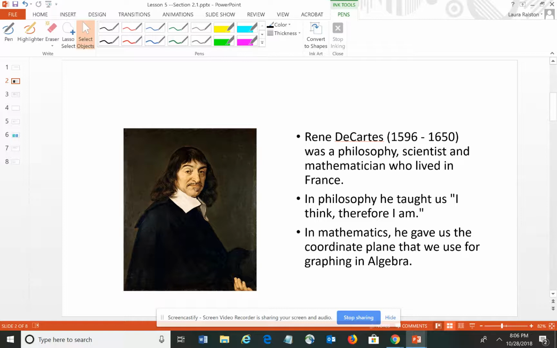And so he took that idea and realized that he could locate any object in a two-dimensional plane using just two numbers: how far it was from the horizontal axis and how far it was from the vertical axis.